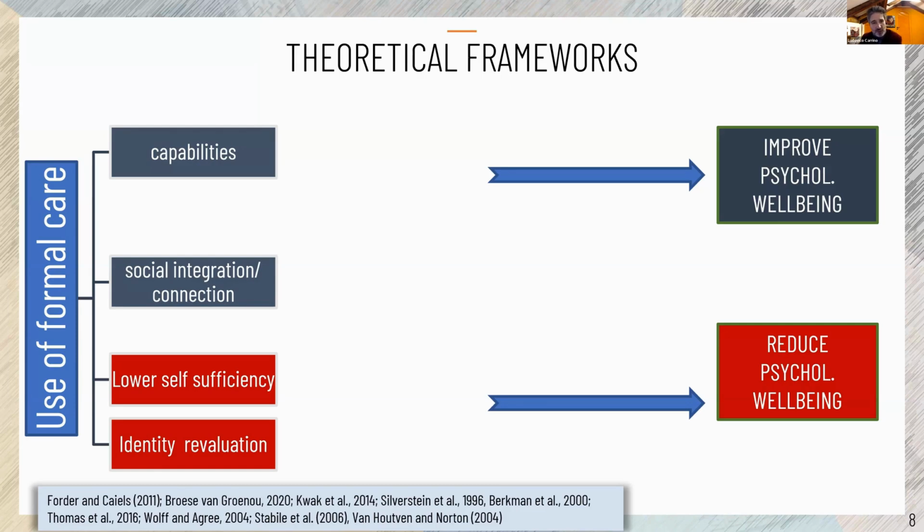It might improve people's social integration and connections, but it can also emphasize the lack of self-sufficiency of the person receiving care, and through this, essentially trigger an identity revaluation of the person that sees themselves as someone who is not able to live their life fully.